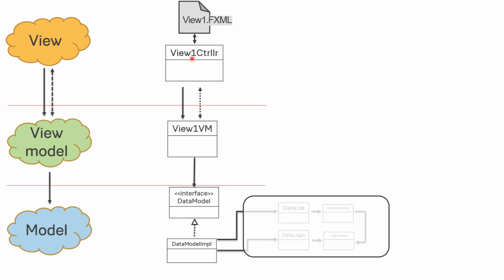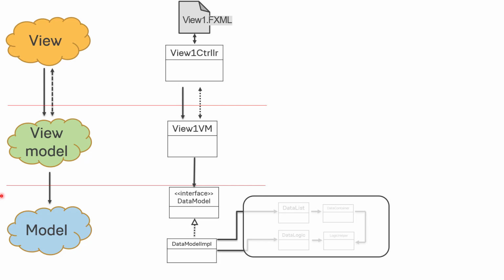I usually stick to the naming convention of using the name of the FXML file and then just appending the word controller. Now I cut it a bit short here in order to make room. I'm going to need the space over here, but this is supposed to be controller spelled out. There is some automatic things happening sometimes, so we actually need this to be called a controller. So I have the name here to indicate that these two belong to each other.